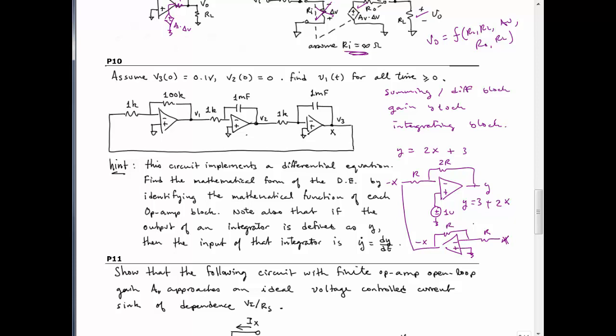And so what you've already found from previous problems, you've seen this block here. This is the integral, right? So V2 is actually going to be the integral of V1. Okay. So let's say it turned out, and you have to plug in the values for the capacitance and the resistors.